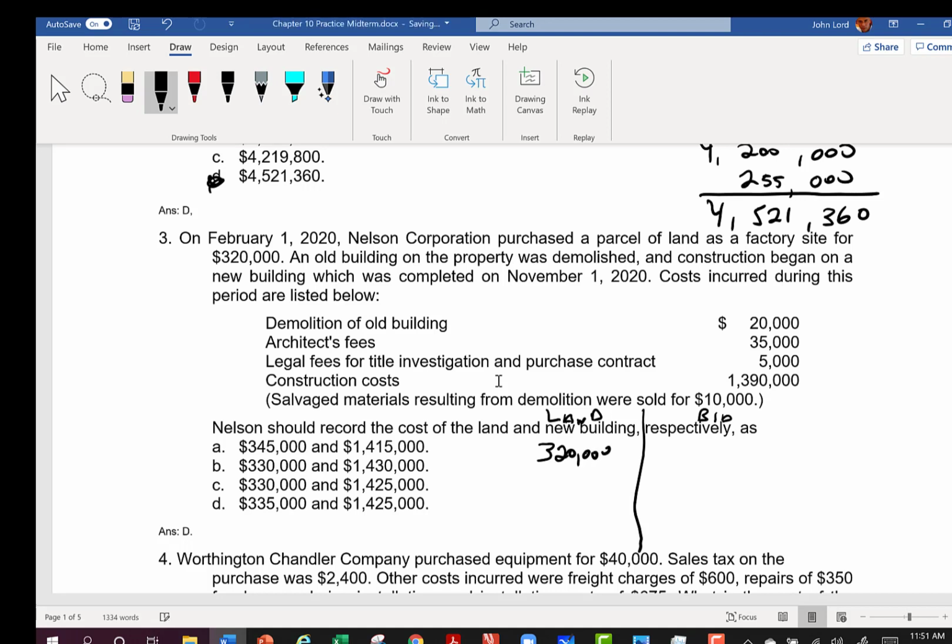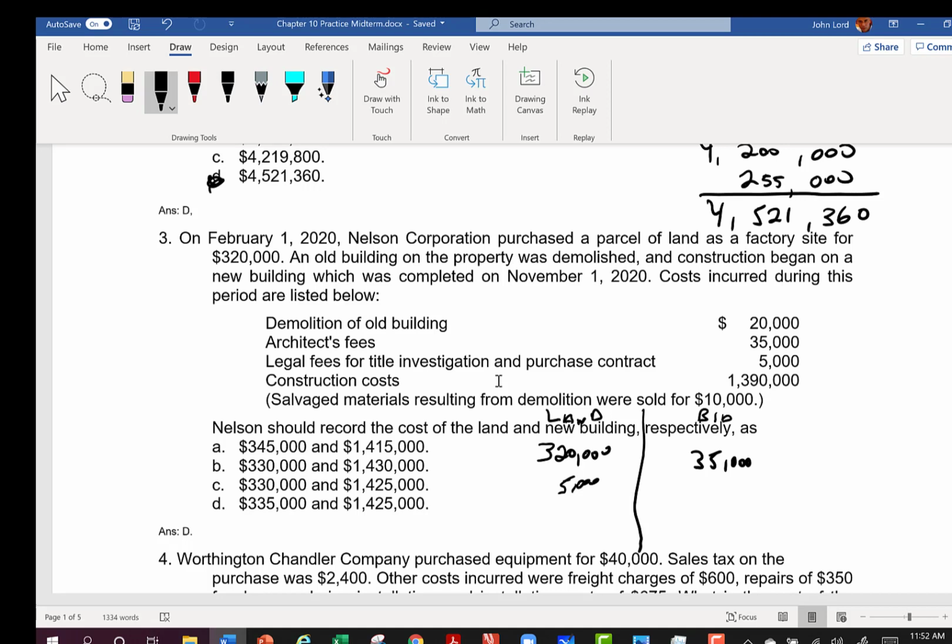That one's pretty easy. Architect fees, that goes where? That goes to the building, right? Okay. Legal fees for investigation and purchase contract, that basically is going to be those legal fees for the purchase, whatever. That's part of the purchase price of the land.